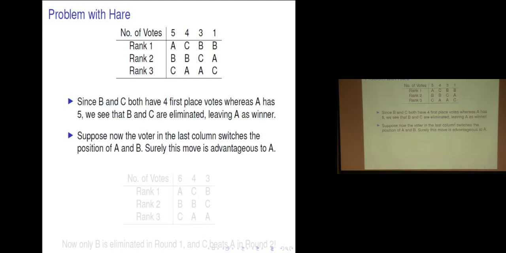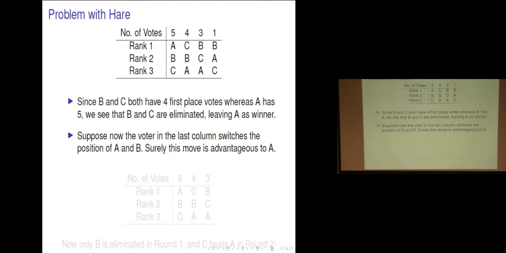Now suppose the voter in the last column switches. Sorry, so this is another example. Now suppose the last voter swaps the positions of B and A. So he upgrades A to the first choice.